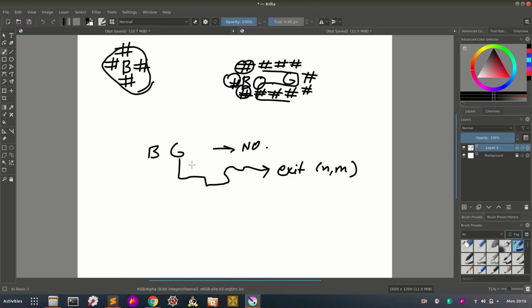In that case, we cannot block this cell because it's a B or a G, so B will also have a path like this till the exit. Therefore, whenever you find a B adjacent to a G, we can straight away go to no.